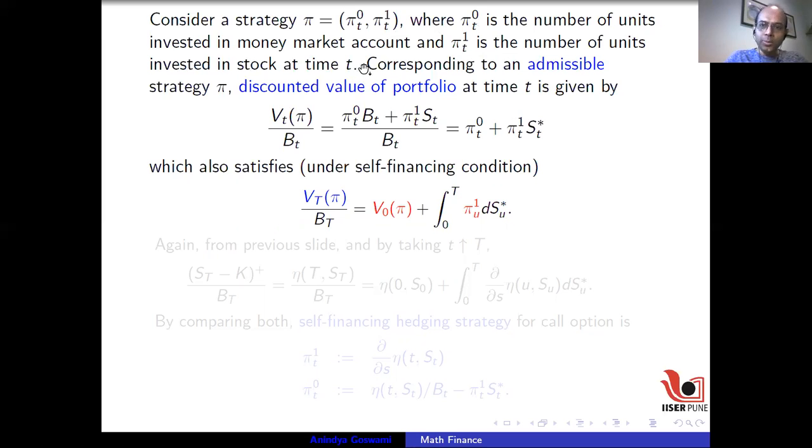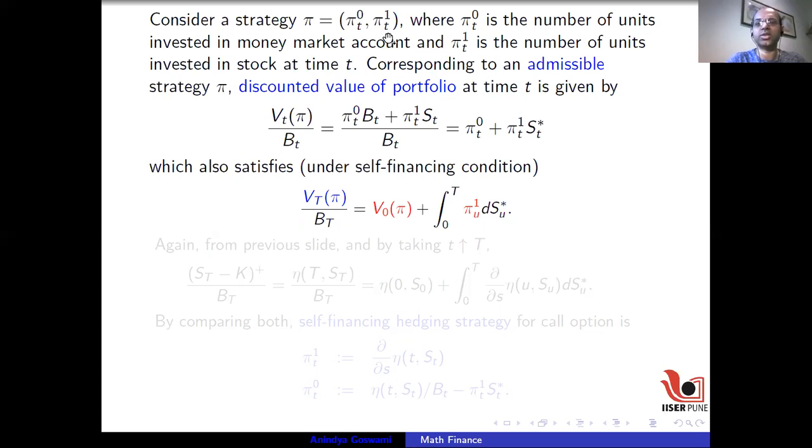Now one needs to put some more additional assumptions. I'm not writing them here; possibly you have already seen that to actually perform continuous trading with this strategy, you need some sort of square integrability of these processes with respect to the stock price.